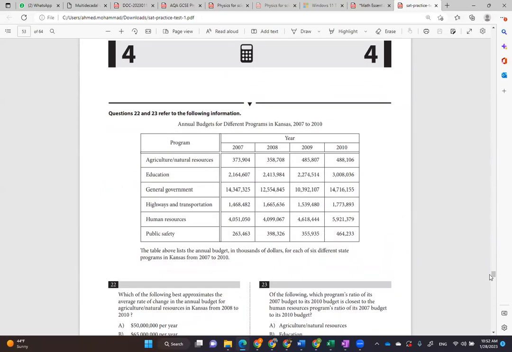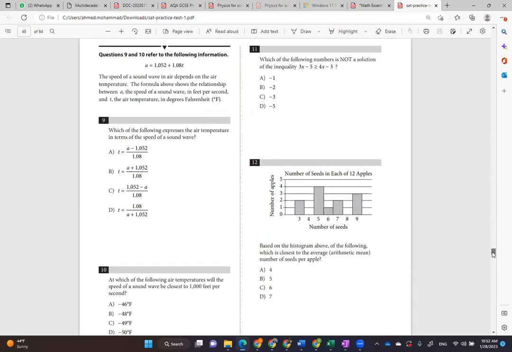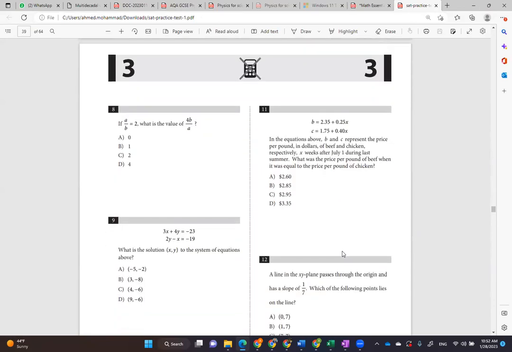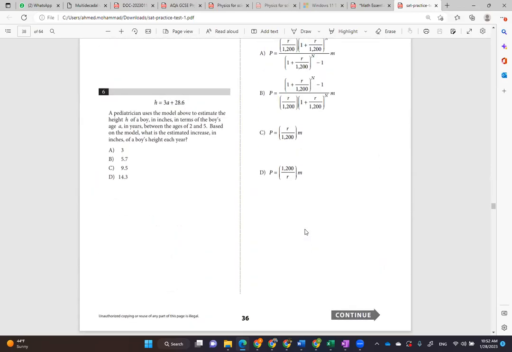Let me go back. These two equations, find x and b. Not quadratic.